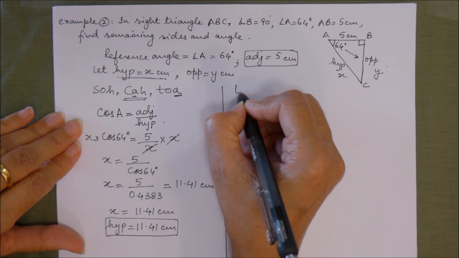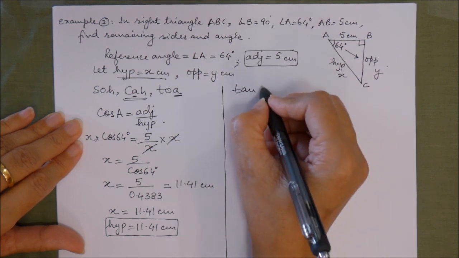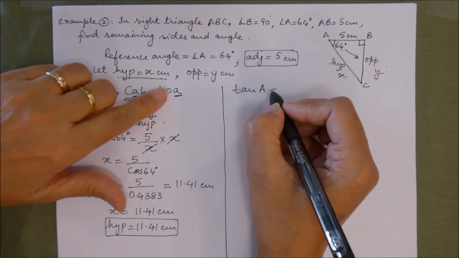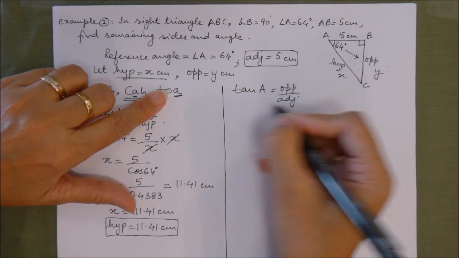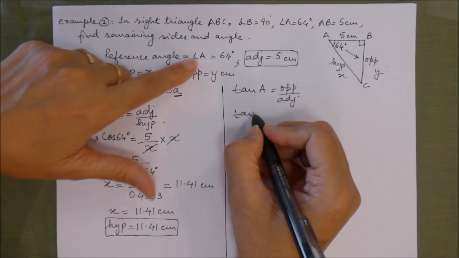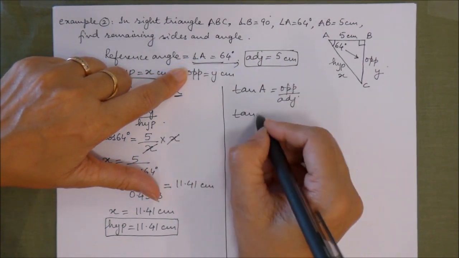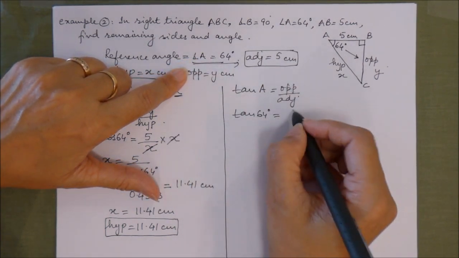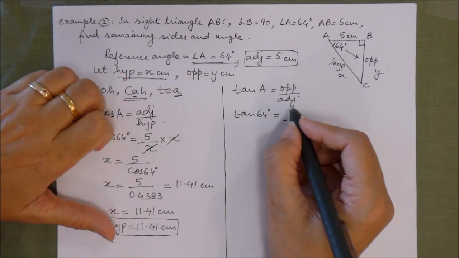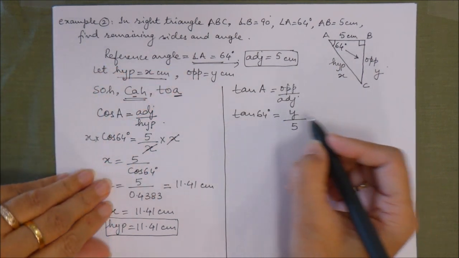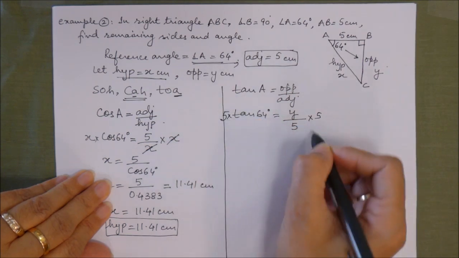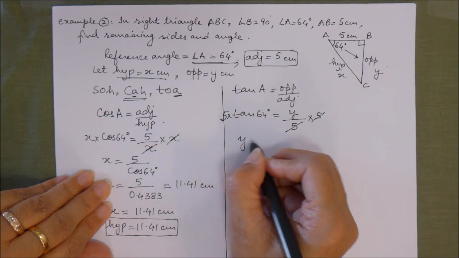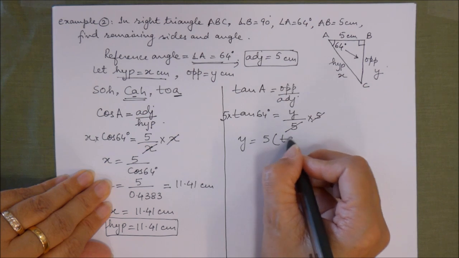So tangent A is equal to opposite upon adjacent. So angle A is 64. So tan 64 degrees is equal to the opposite, which we have to find out, y, and the adjacent is 5. So we multiply both sides by 5. So this gets cancelled. So y is equal to 5 times tan 64 degrees.